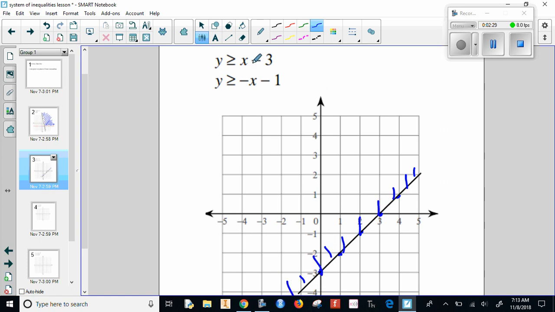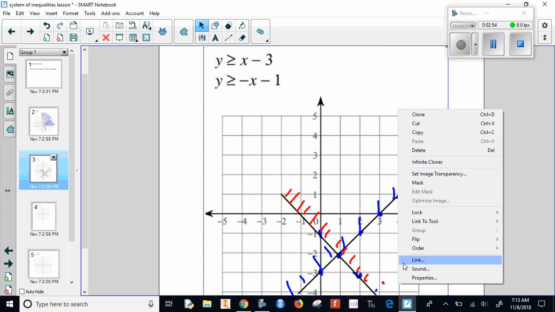And then y is greater than or equal to negative x minus 1. So negative x minus 1 goes down like this, because we've got a slope of negative 1. And I'm going to graph this line because it's equal to, we can do solid. And greater than that, I'll do a different color, is going to be right here.